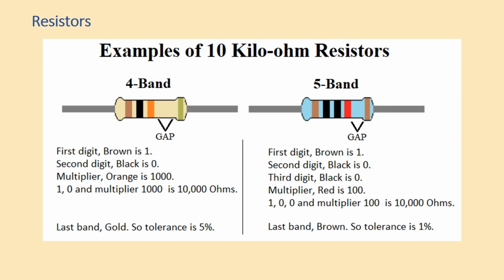Another difference between the two resistors shown here is the tolerance. The one on the left is 5% tolerance, and the one on the right is 1% tolerance. For the project we're working on, the tolerance is not that important. When selecting resistors for this project, you can use this picture as a reference to identify 10 kilo-ohm resistors.